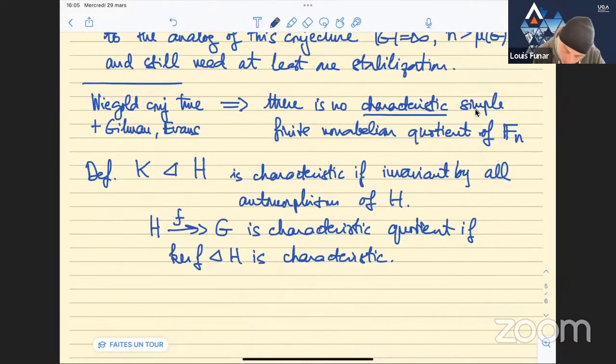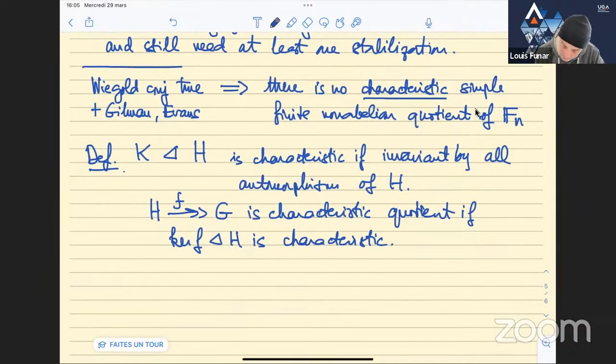A characteristic quotient corresponds to the kernel being invariant by all automorphisms.